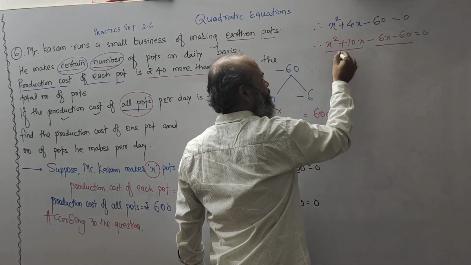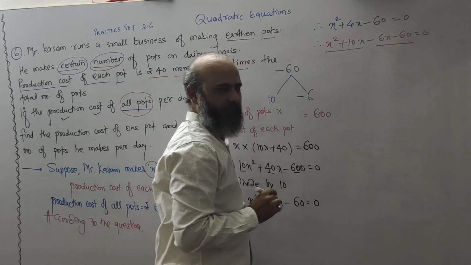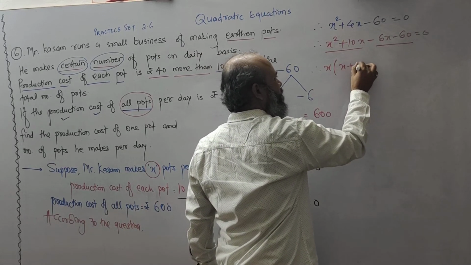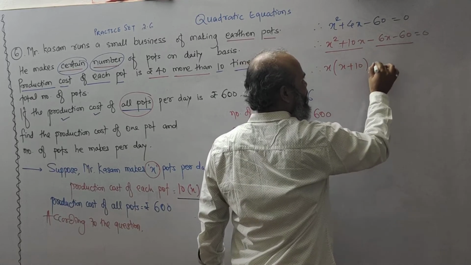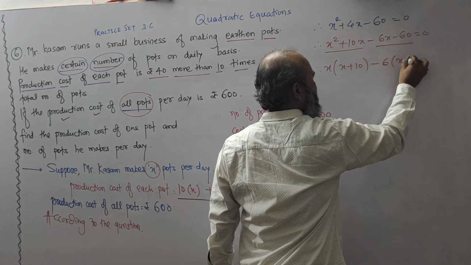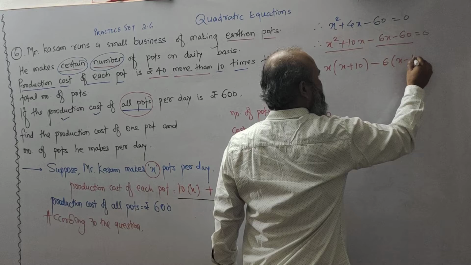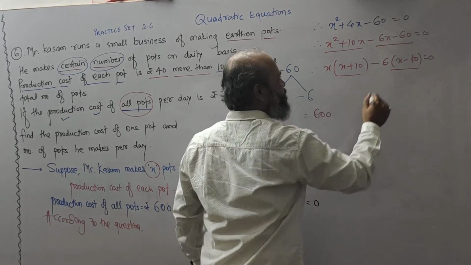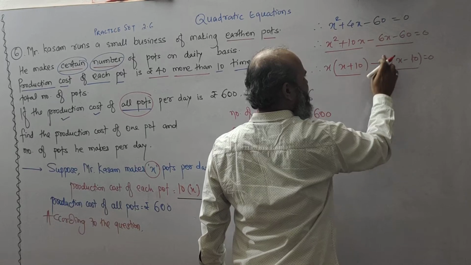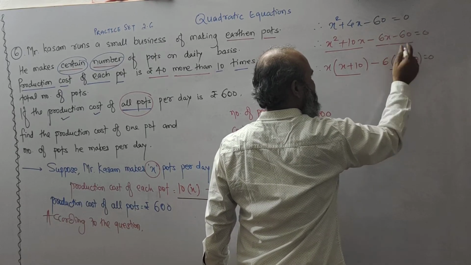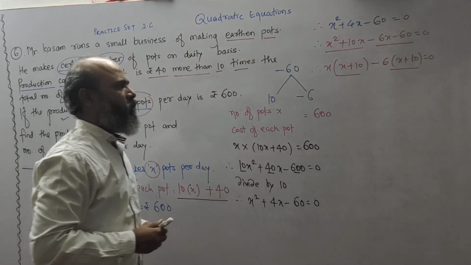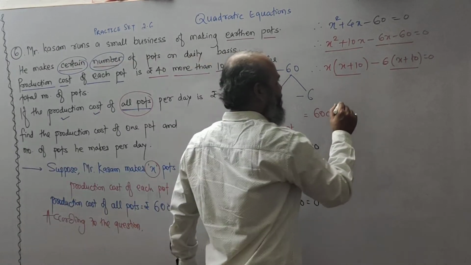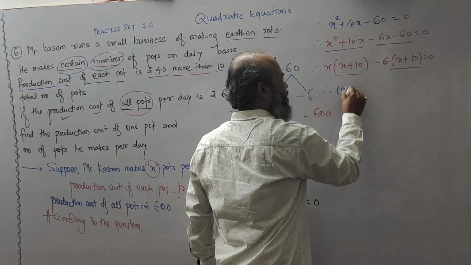In the first pair x is common, so you get x into x plus 10, and in the second pair minus 6 is common, so you get x plus 10 with minus 6 outside, and this is equal to 0. Now the two brackets are the same, so take x plus 10 as common.